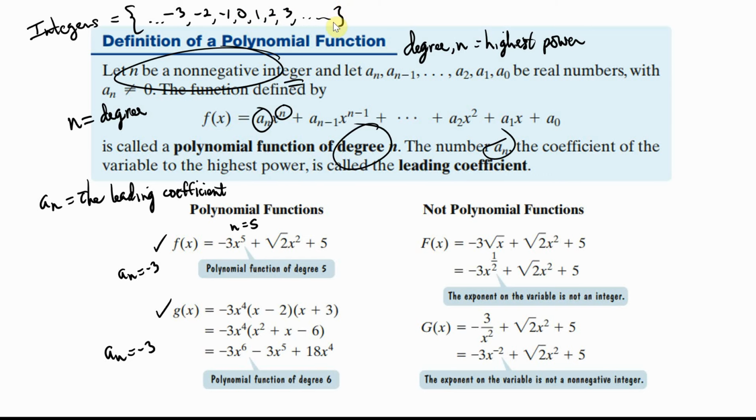Set of integers. So if you look at this guy, its power is the 1/2. Well, that's not an integer. It's a fraction. Notice that the integers don't include the fractions. Right? So here, this would be not a polynomial.